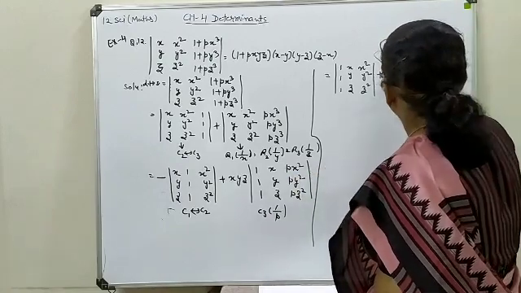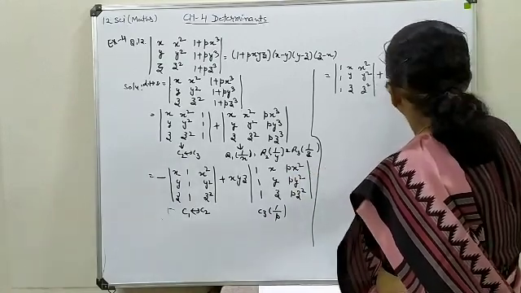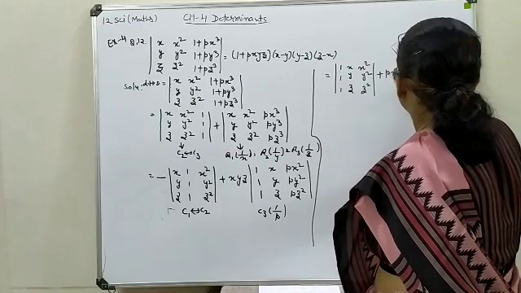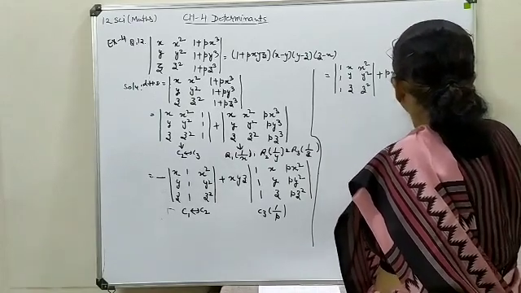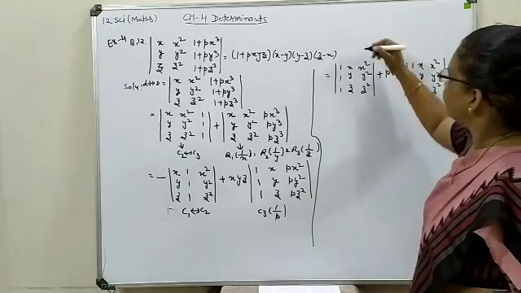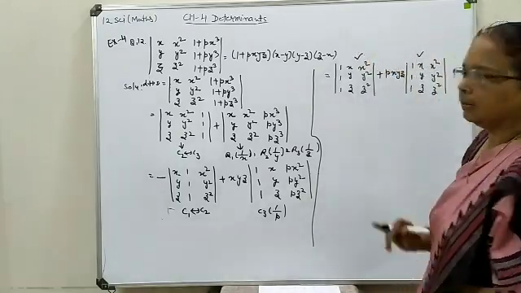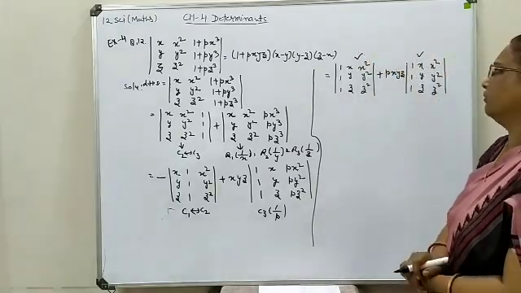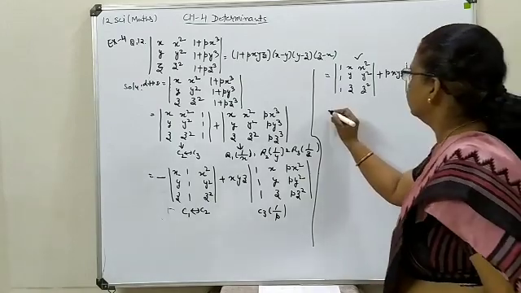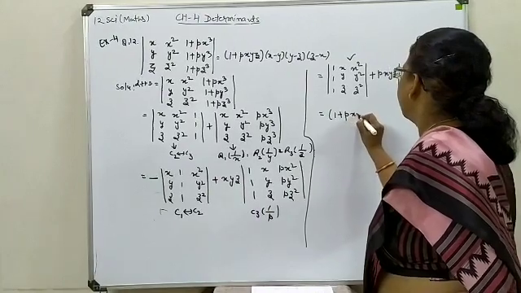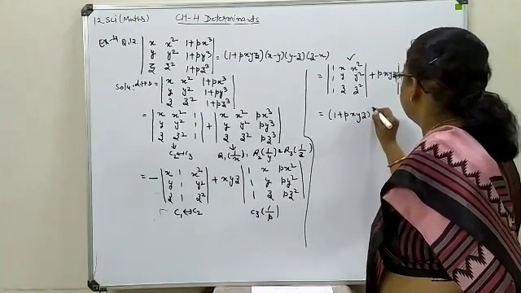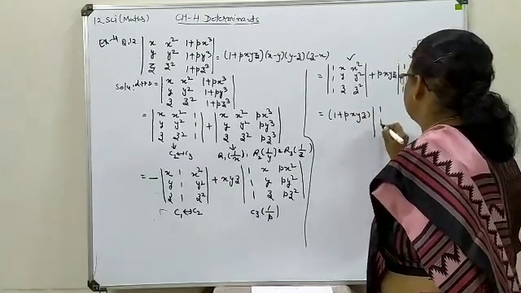Here as such you will write the column elements. Here you can see these two determinants have the same combination, so obviously it can be taken as common. So the remaining will be 1 plus p x, y and z, and this is a common determinant.